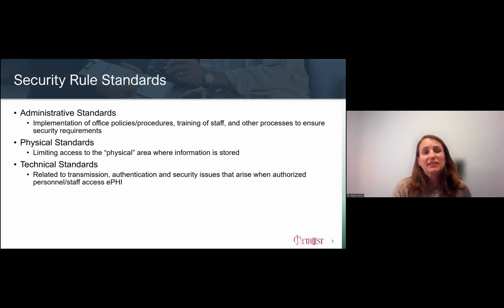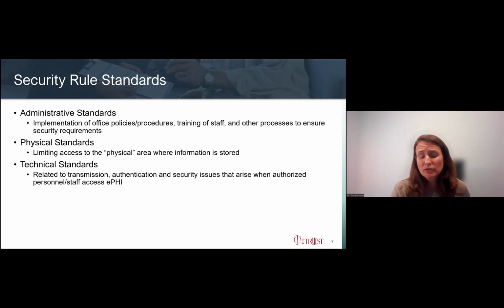Another aspect of administrative standards, that's where training comes in. So covered entities must provide for appropriate authorization and supervision of workforce members. So you must train your members regarding policies and procedures, and show that you can apply appropriate, I hate the word sanctions, but sanctions or repercussions, I guess, if a workforce member does violate the policies and procedures.